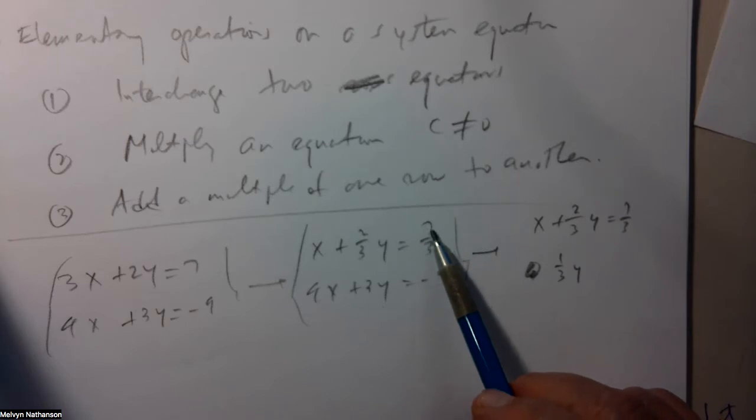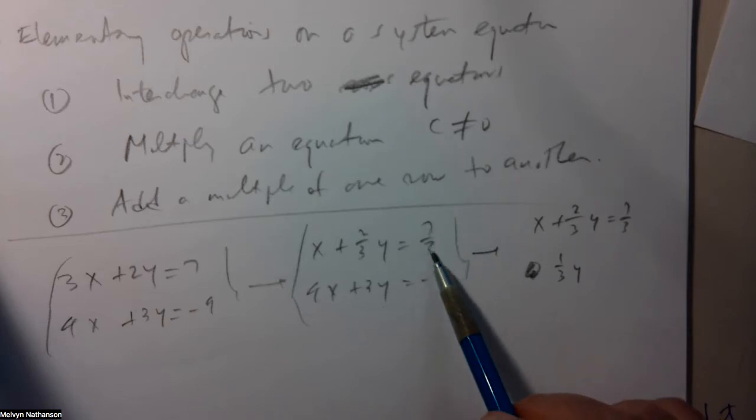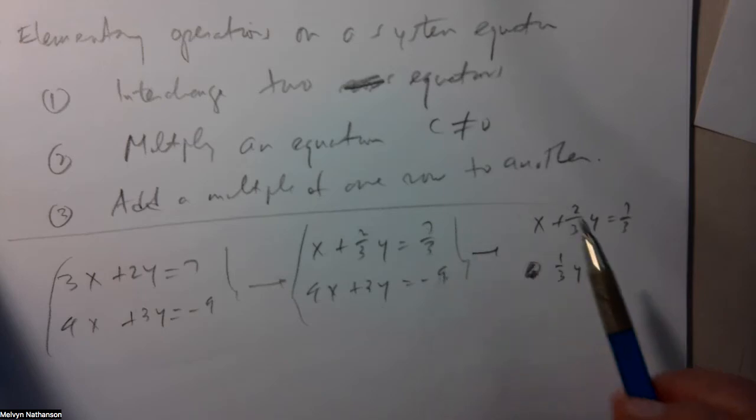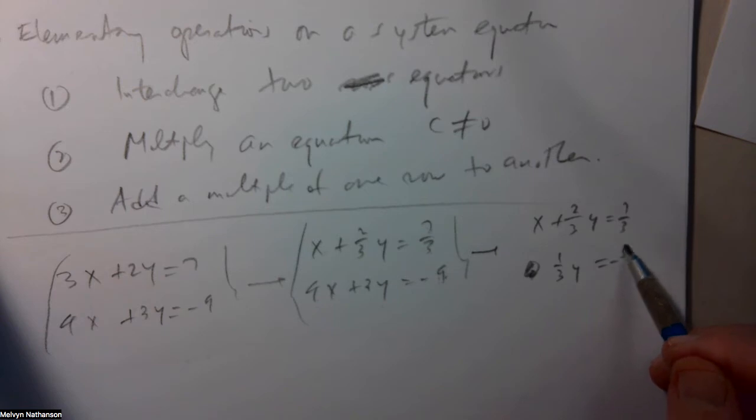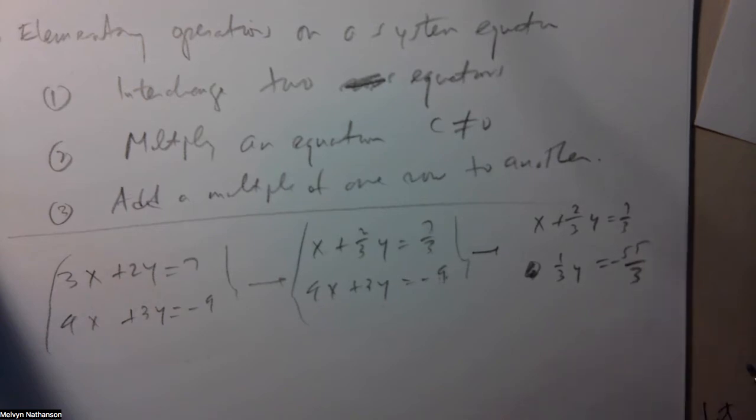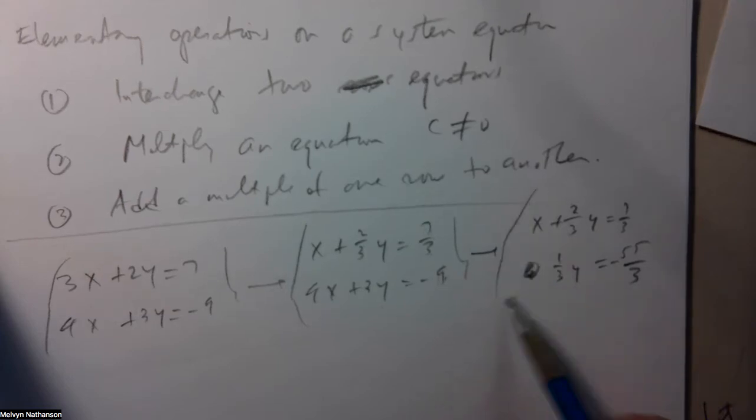So I have minus 28 over 3 minus 27 over 3. I think that's minus 55 over 3. So I have this system of equations.